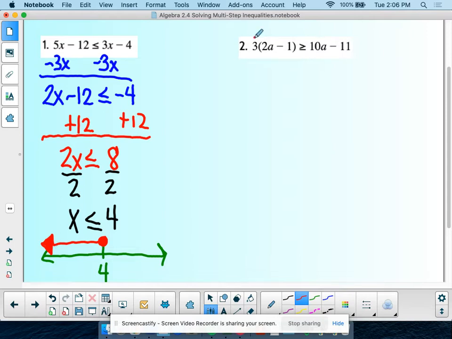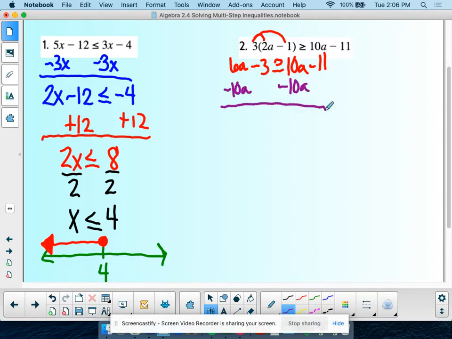Okay, our next one, we have to distribute first. 3 times 2a is 6a. 3 times negative 1 is negative 3. And copy everything down exactly how you see it. And now we have a problem like we just did. I want to get my a's to the same side. So I'm going to minus 10a, minus 10a. 6a minus 10a is negative 4a.